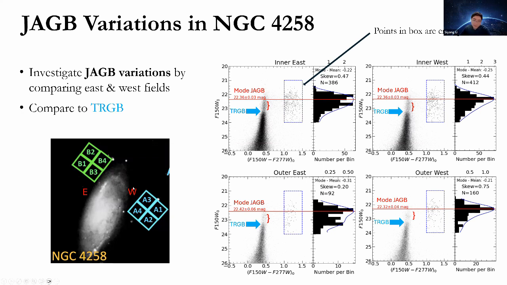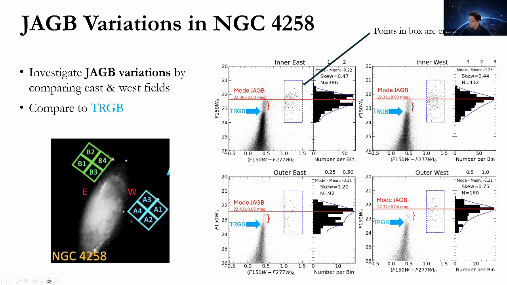And we're going to be very thorough in doing this test. So we're going to first introduce this inner region, which consists of the B3, B4 chips, as well as the A3, A4 chips, because they're on the inner sides of those 2 modules, and then the outer regions, which contain the B1, B2 chips and the A1, A2 chips. On the right-hand side, I'm plotting the color magnitude diagrams together with the corresponding luminosity function for the J region.